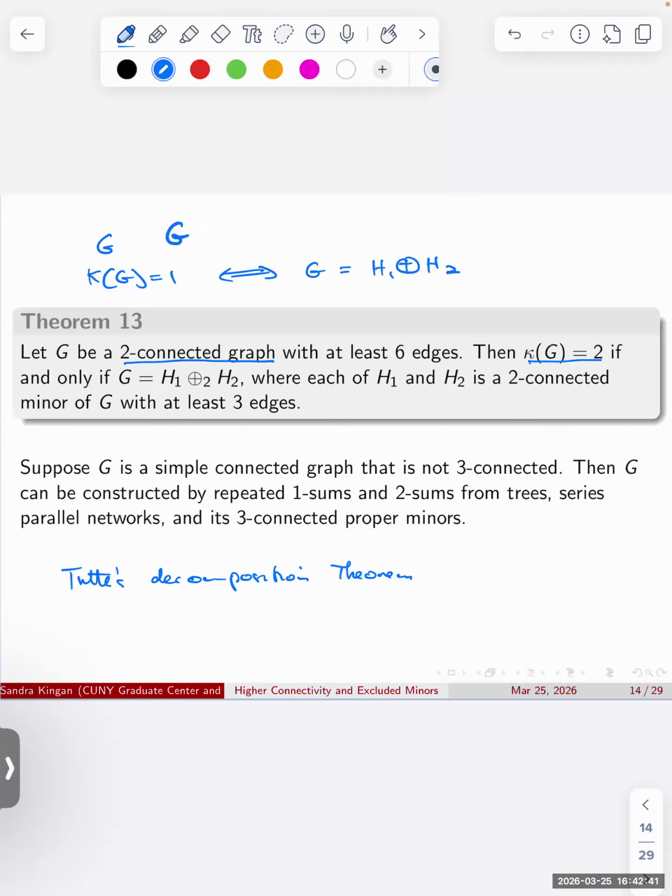And I just ran out of time and didn't have time to flesh this out into a proper theorem and its proof. So I will save this for some other time. But the basic idea is that if the graph is not three connected, we can construct it from its simpler minors. Okay.